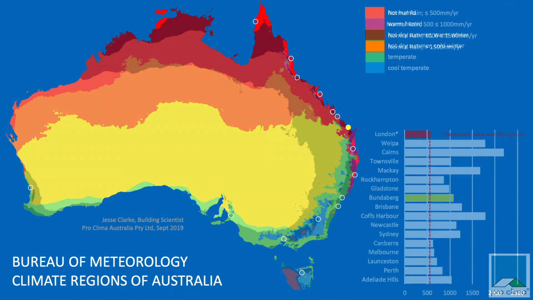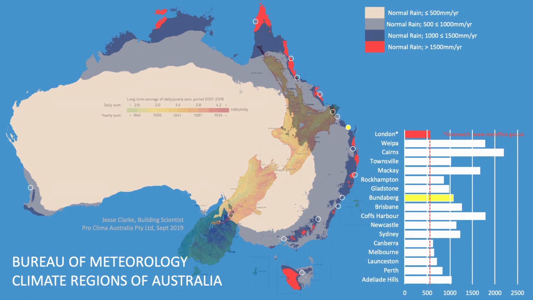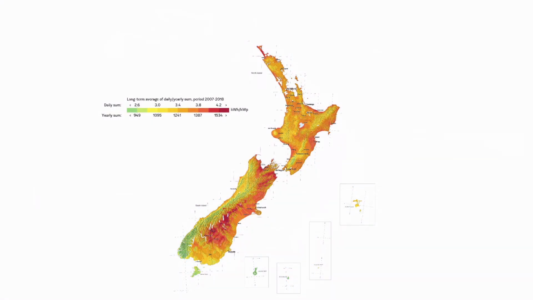It also gets pretty cold, and this is something that we don't often consider enough, is the fact that where we live in Australia and also New Zealand, temperatures can get pretty cold and pretty chilly, and also very wet.